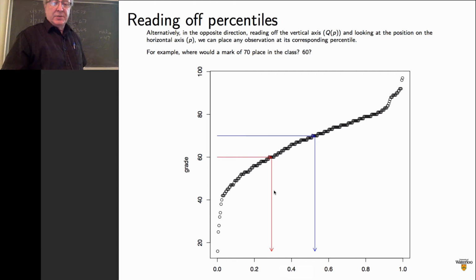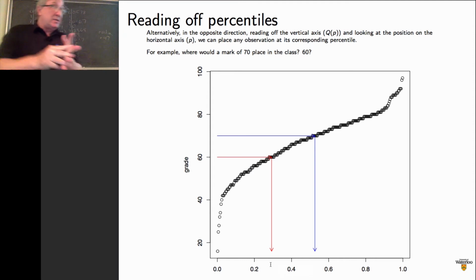Let's read off 60% and see that I'm in the bottom percent, roughly, slightly, of the class. So those are the percentiles. So you can go this way or that way. This way to read off the quantiles, that way read off the percentiles, depending on your interest. So what I'm trying to convince you is that there's a lot of information in this very simple plot of the ordered data.